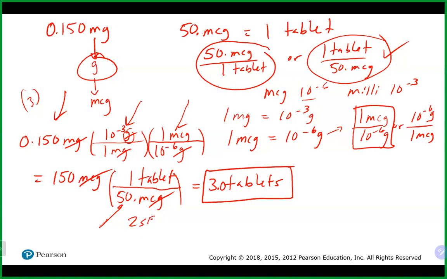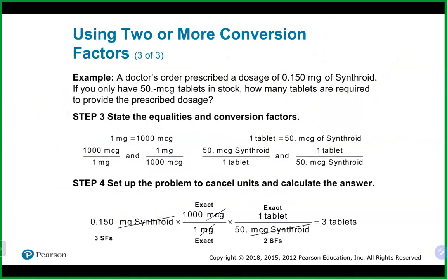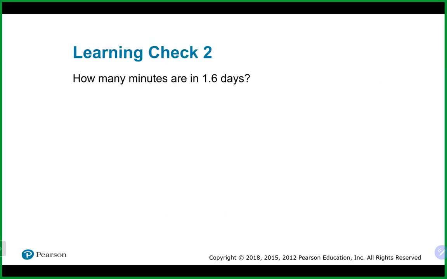Now, if they didn't have the decimal on the 50, it would be 1 significant figure there, then 3 would be perfectly fine. All right, so here you can see they did leave it as 3 tablets, but I don't know. We'll go with 3.0.